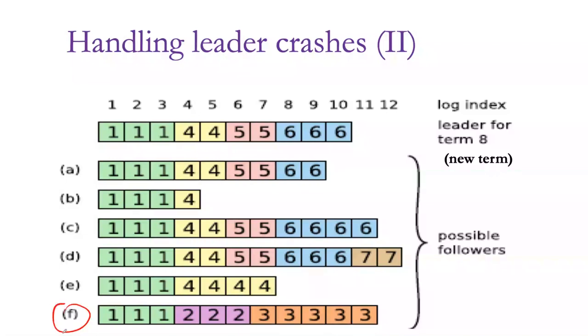Only F has the term 2 and term 3 transactions or commands, but none of the other servers have them, right? Then at term 4, this server becomes the leader again, and it broadcasts the term and the transactions to all other servers. Those who are active by that time update their records.